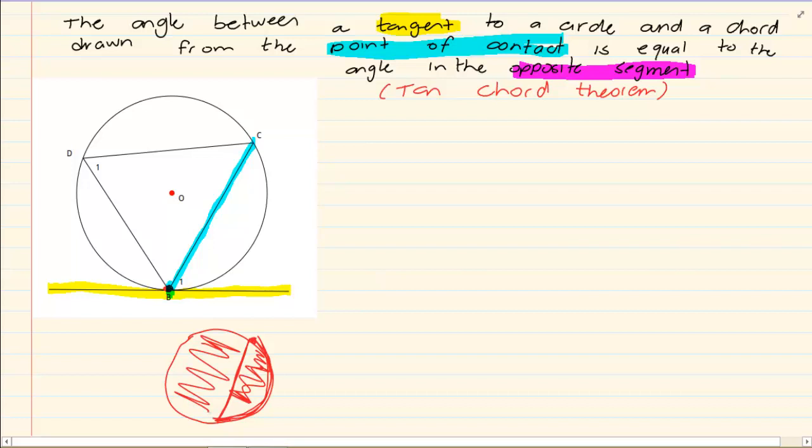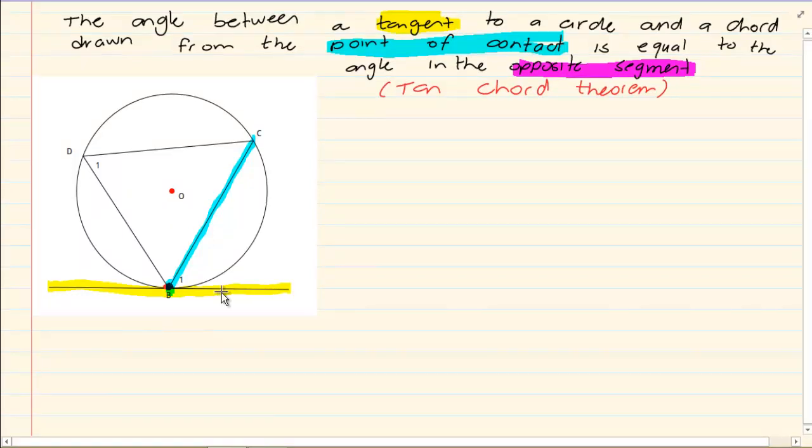Sometimes depending on the size they'll call it a minor arc and a major arc. But what is important is if I am working with this segment, then the opposite segment would be this side. So a line that's cutting the circle gives you two segments, and if I am working on the right hand side, then the left hand side is the opposite segment.